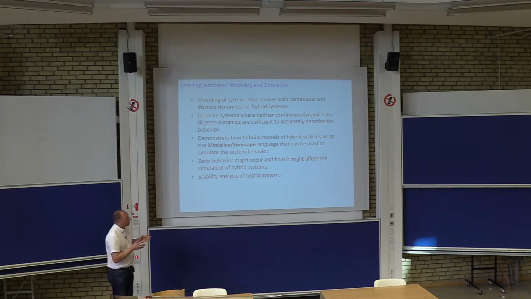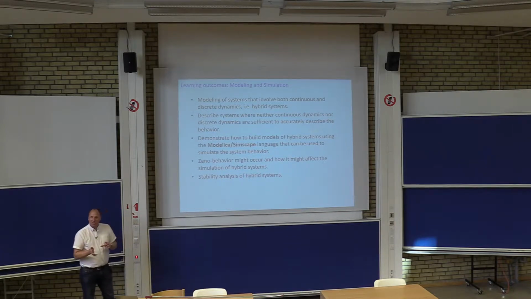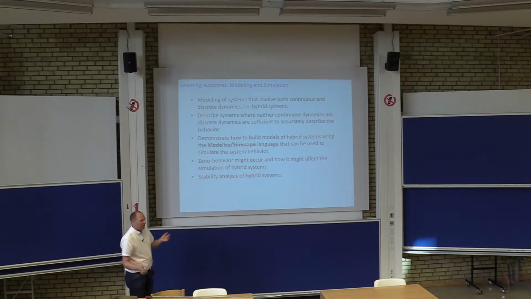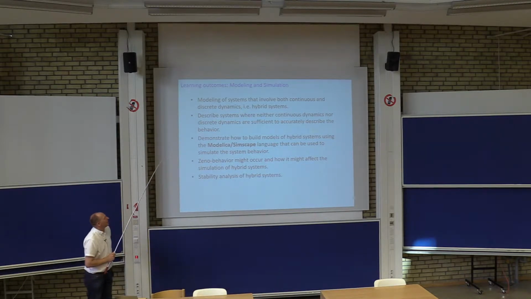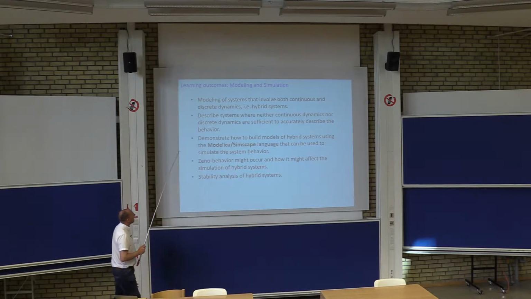We started the course by talking about hybrid systems. Because you have talked about continuous systems in modeling and simulation, and you have talked about discrete event systems. In practice, most systems are of hybrid nature, so you have a combination of continuous and discrete dynamics.